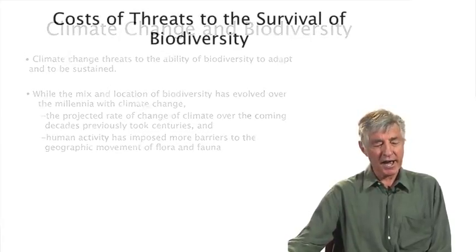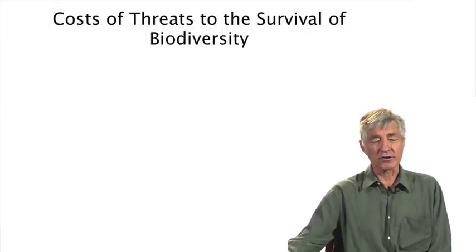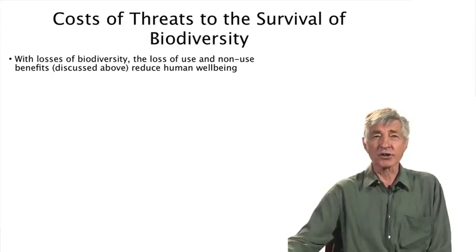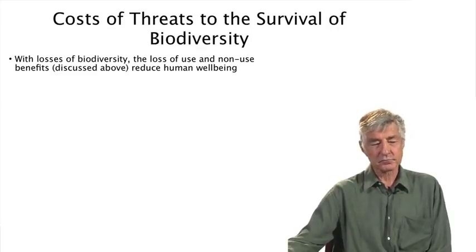So we've made adaptation much more challenging. So what are the costs and threats of the survival of biodiversity? With the loss of biodiversity, we have the loss of some of those use and non-use values. Less recreation, less diversity to find new drugs or to find new plants that can better adapt to agriculture.